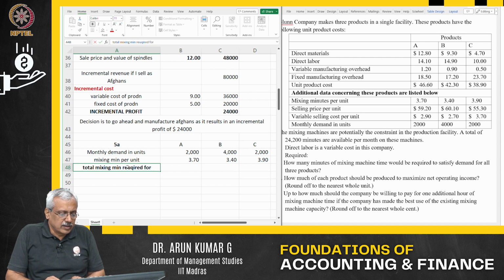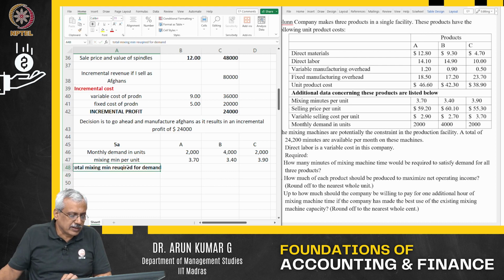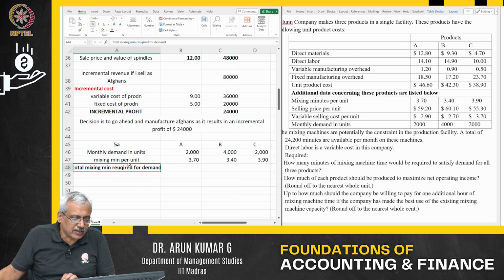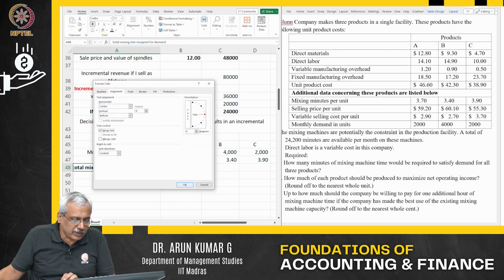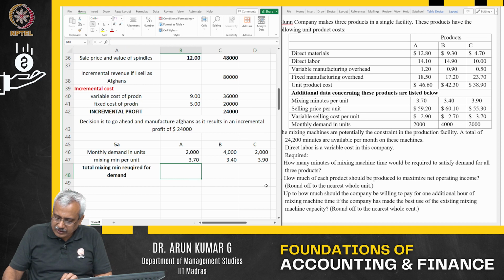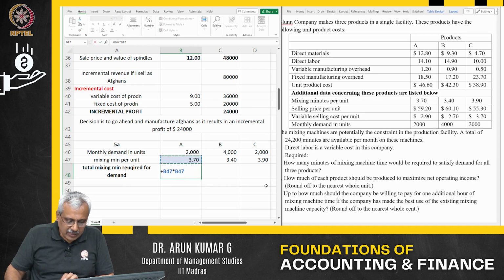for the demand, total mixing minutes required for meeting the demand in this particular case. Let us look at it. In this case I am just wrapping the text, and that is nothing but this into this.